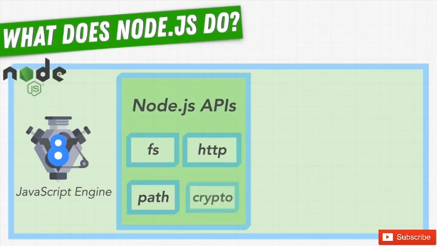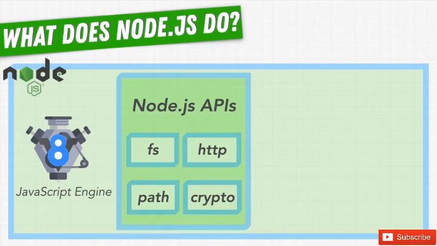And even things like the crypto functionality, which has some built-in code that allows us to make our Node programs more secure. For example, by encrypting some data for us.